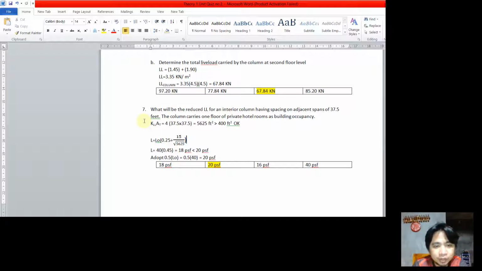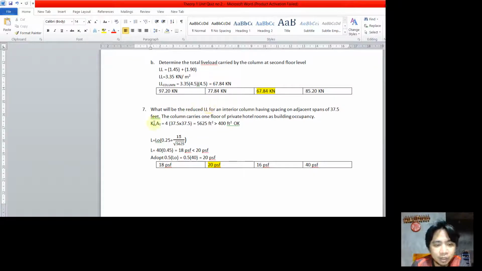When we say too much, the minimum reduction would only be equal to 50% of the original or unreduced live load LO, and that value is 40. 50% of 40 is 20, so we should not reduce that beyond 20.